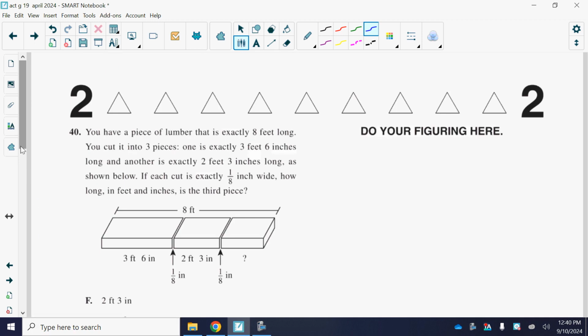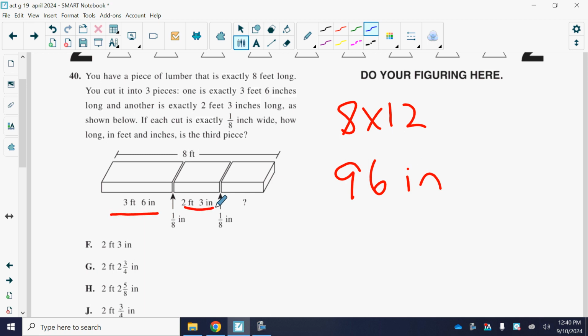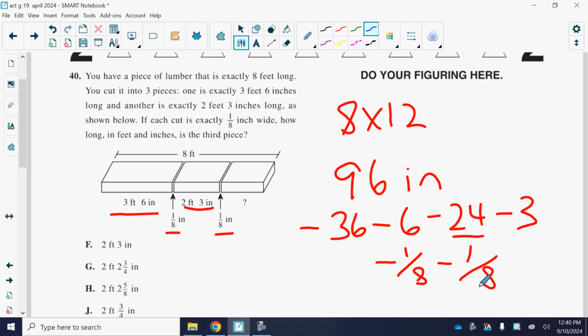This one was a bit of a head scratcher. The 8 feet I just turned into inches. So it's 96 inches. And now I have to subtract all this. So I subtract 3 feet. I subtract 6. I subtract 2 feet, which is 24, and another 3, and another 1/8, and another 1/8. And you end up getting 26.75.